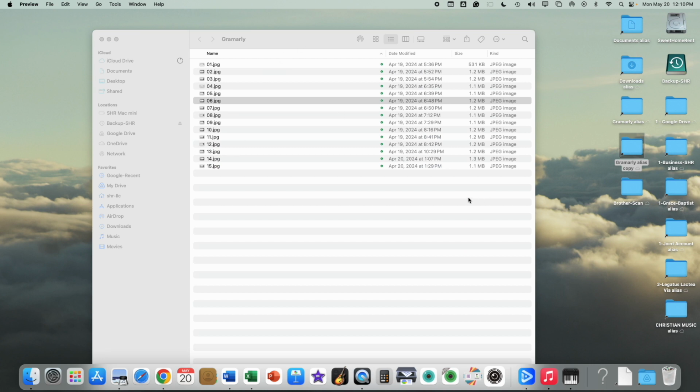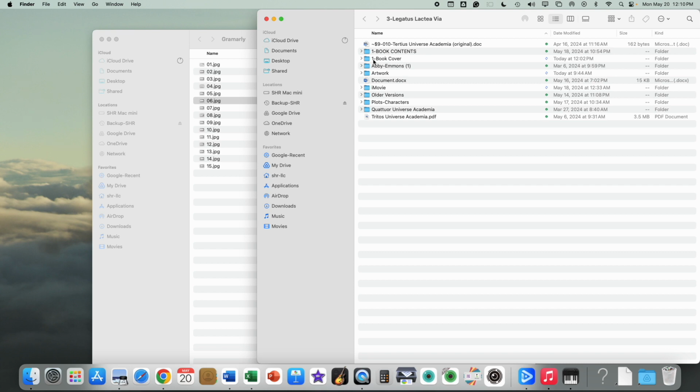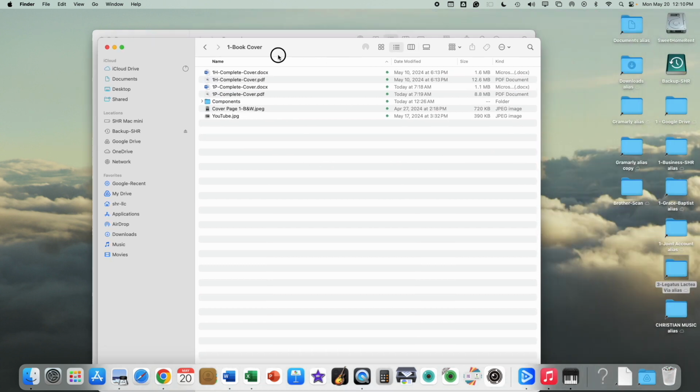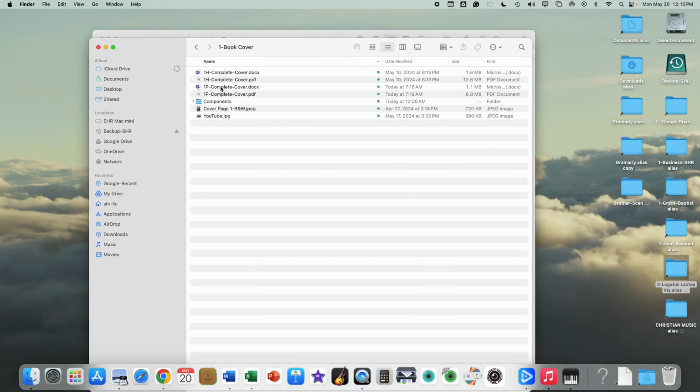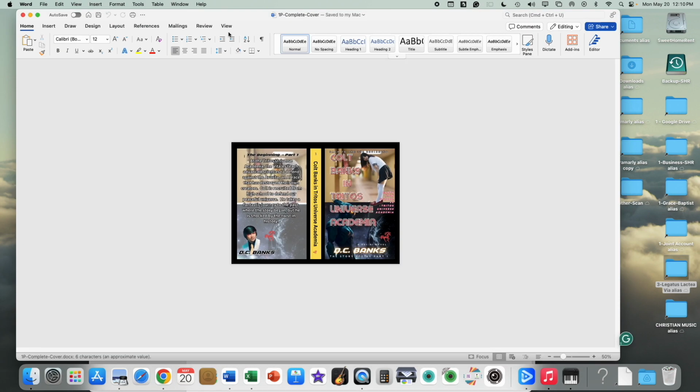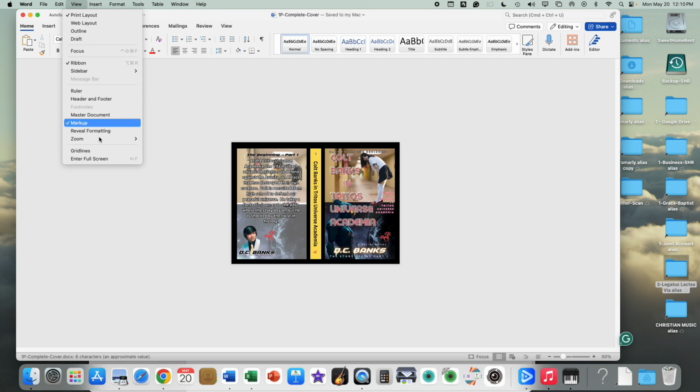And I talked a minute ago about making the cover. If I go to my book section here and we look in the book cover section, you can see I used Word to make the cover for the paperback. Here, let's open that up, and you can see there's the change the view to zoom to 100%.